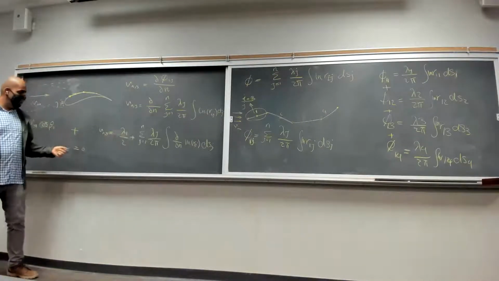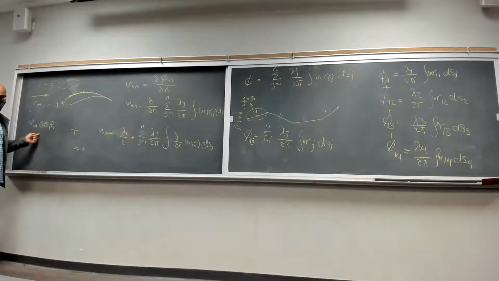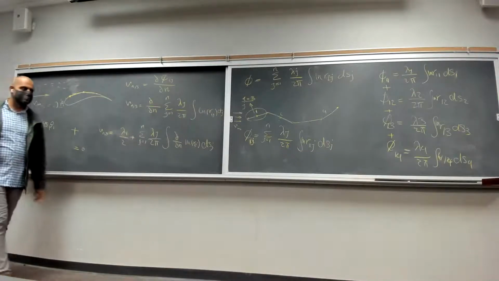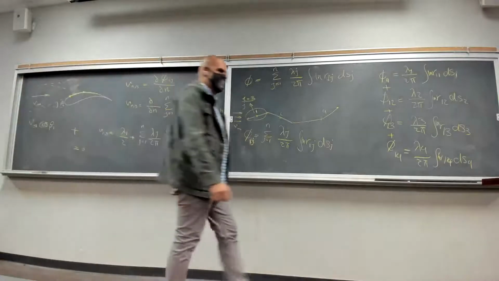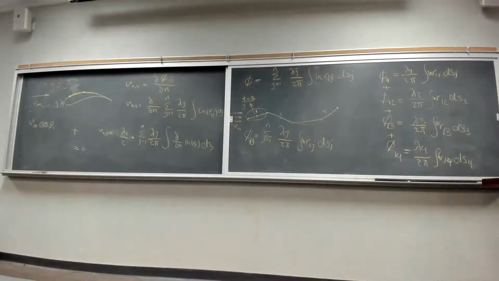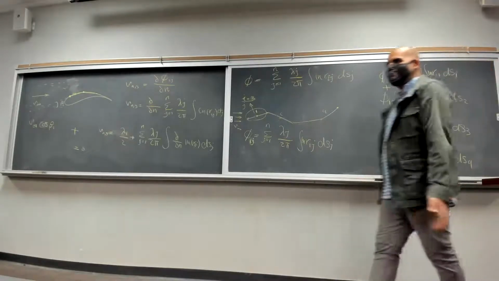You essentially have to apply the same equation to all panels. This was only applied to panel i, which is panel 1. Then you write the same equation for panel 2, panel 3, panel 4, right? However many panels you have doesn't matter, like panel 100. Let's say you have 100 panels.